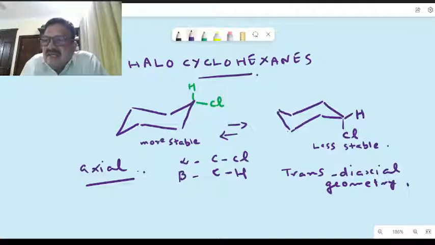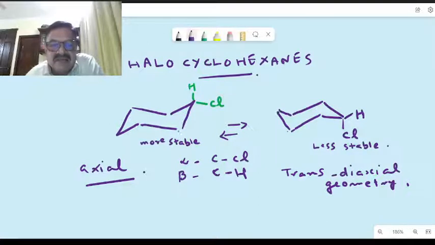Now let us see. We will draw here which are the beta carbons. So this is our beta carbon here, and this is the alpha one.